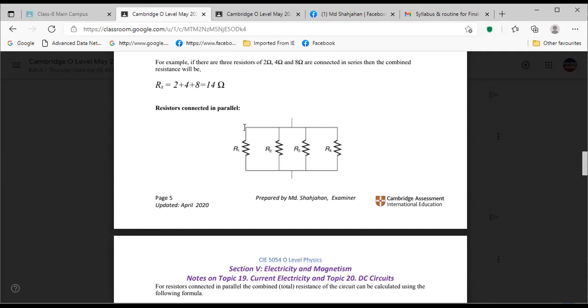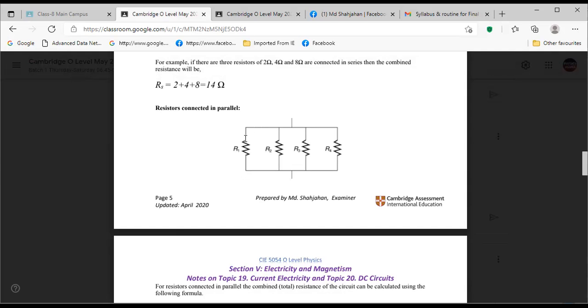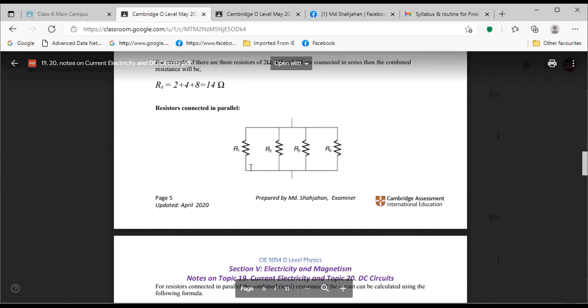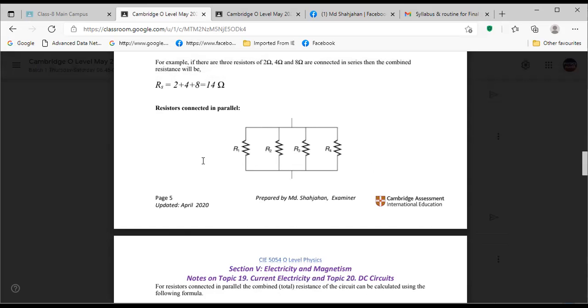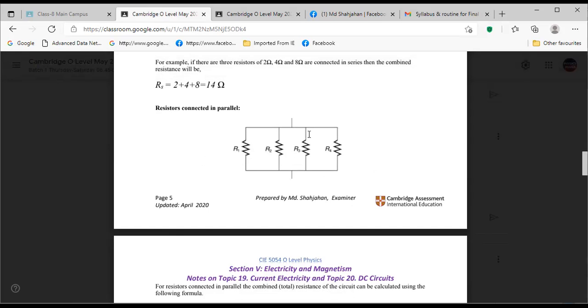Their ends, you see, resistor R1 and resistor R2, R3, R4, their ends are connected together. The upper ends of them in common, lower ends in common. That is called parallel. So they are connected at the same end, all of them, right? Both the ends are connected together.